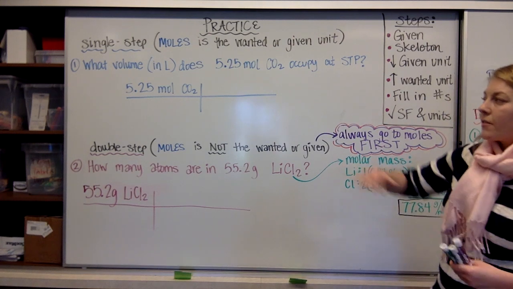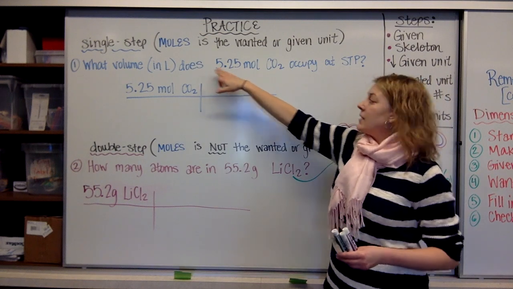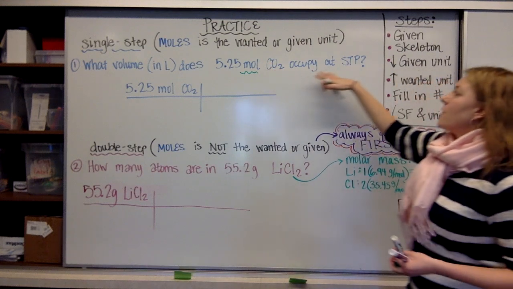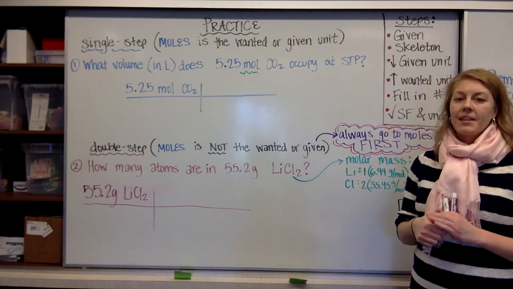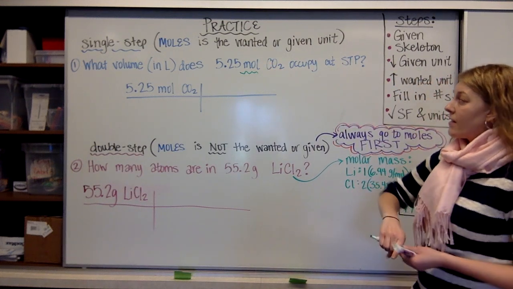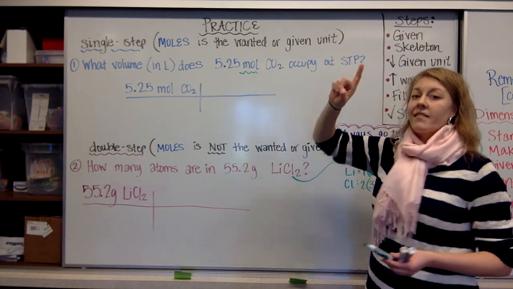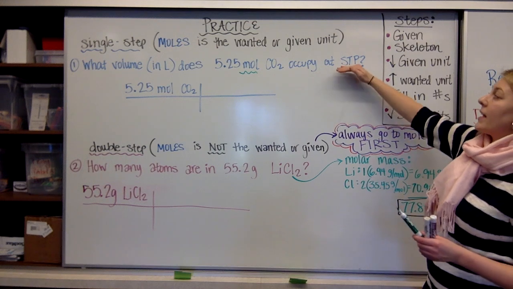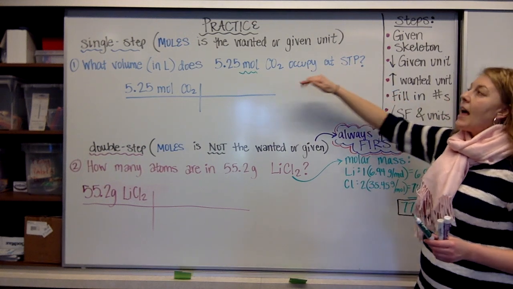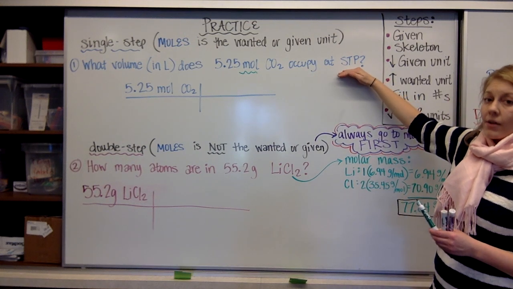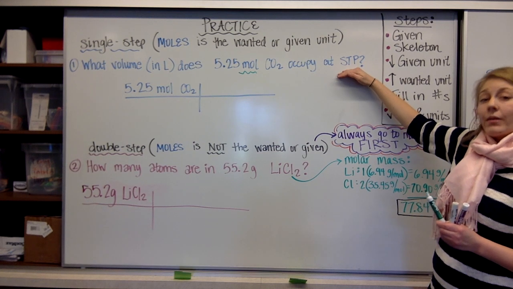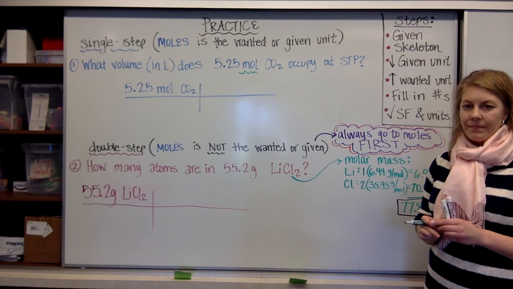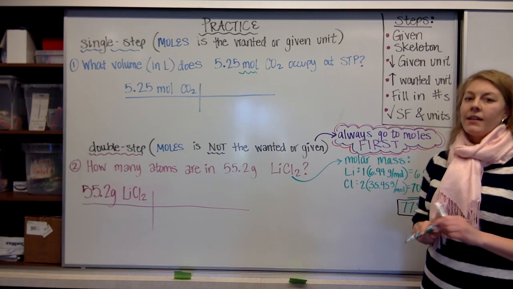So here, what volume in liters does 5.25 moles of CO2 occupy at STP? Now, notice a couple things. Moles is part of the problem. This is going to be a single-step problem. Notice also that we have a gas, carbon dioxide, at STP. So, for our equivalency factor, we're going to be using that 22.4 liters of a gas at STP is equal to 1 mole.